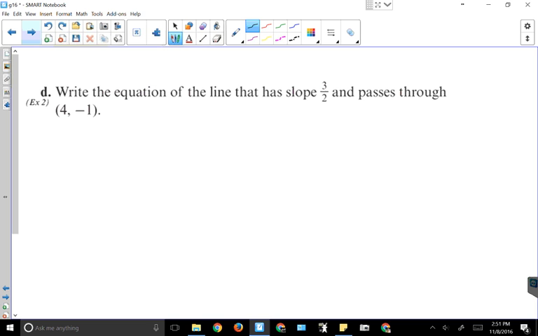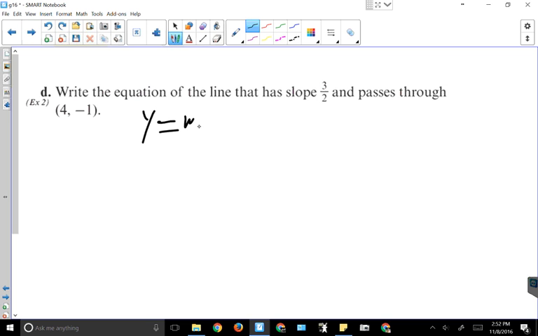Where should I start to come up with the equation on this line? Into what equation? Good starting point.